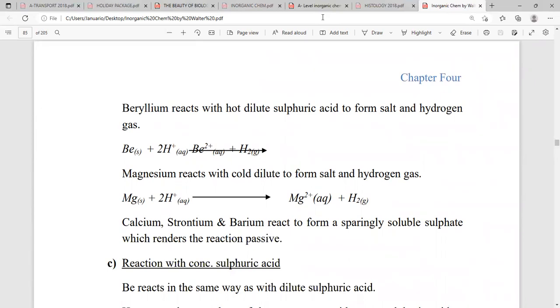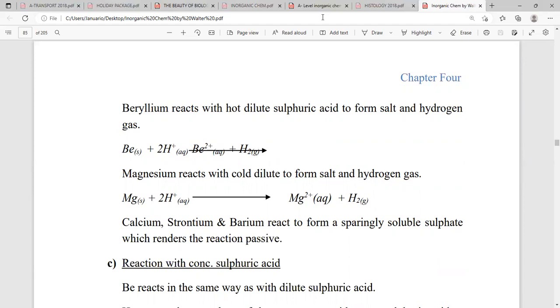There is a high amount of activation energy it must overcome for the reaction to take place. For magnesium, it reacts with cold dilute to form a salt and hydrogen gas, and strontium, barium, and calcium form a sparingly soluble salt, which renders the reaction passive.